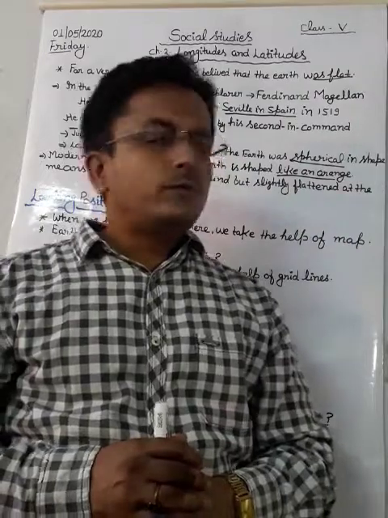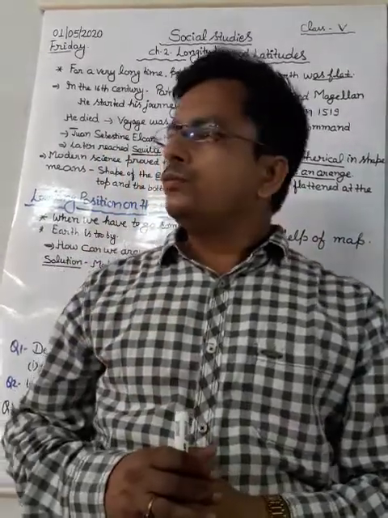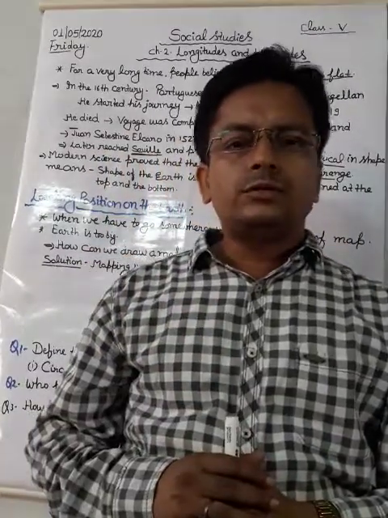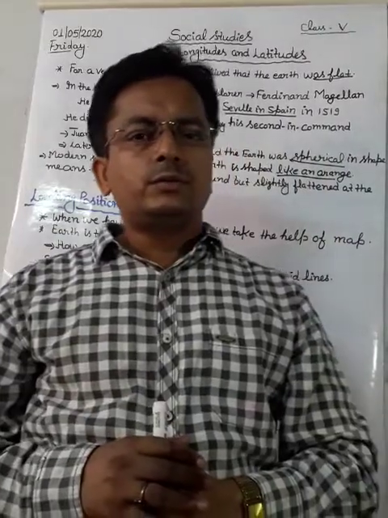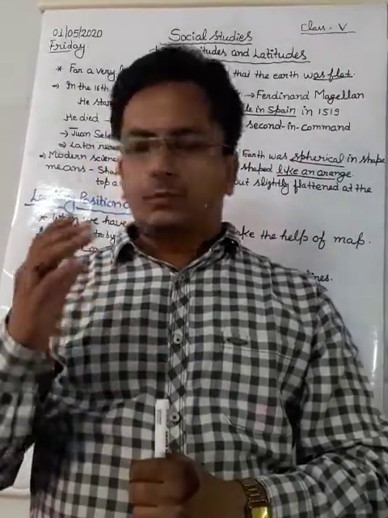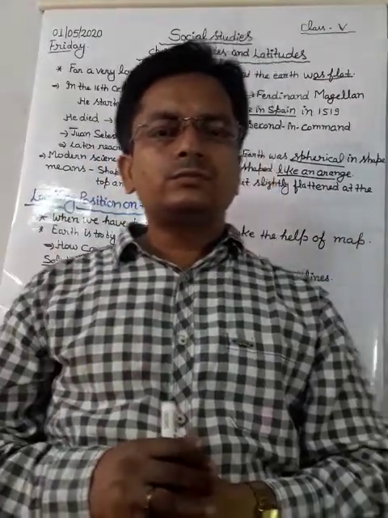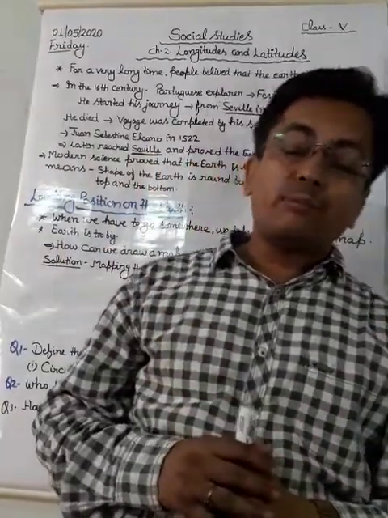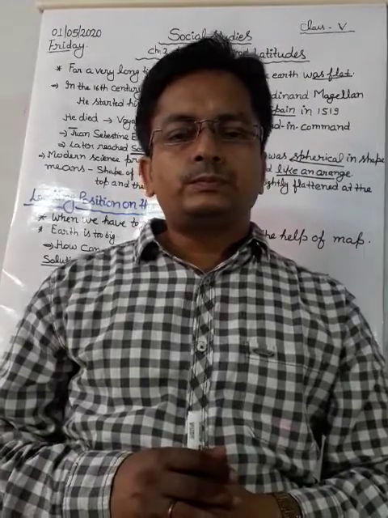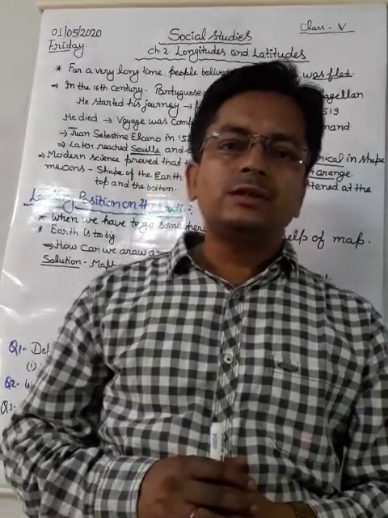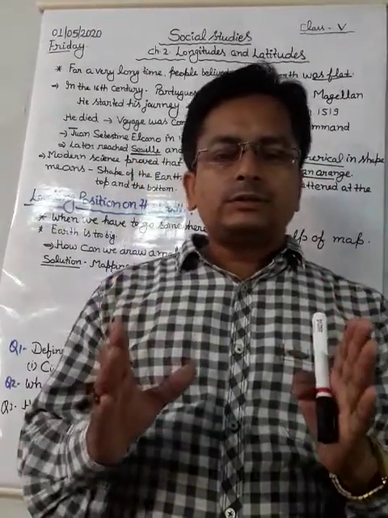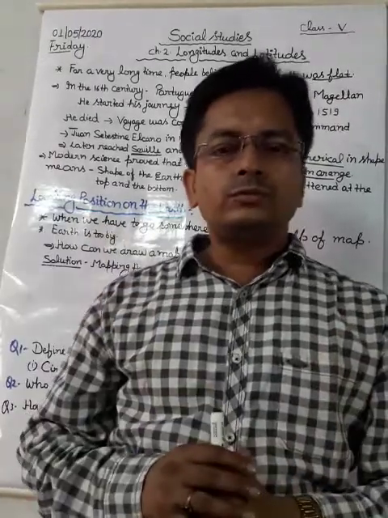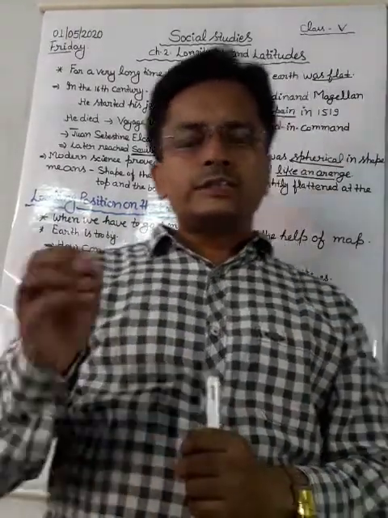Dear student, when you want to start your journey to a place, there is need of which thing? Map. Map means: where is the place you want to go located?